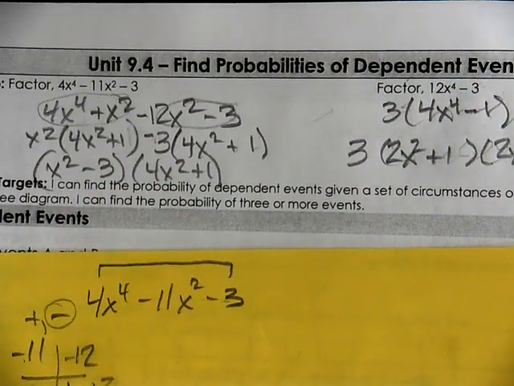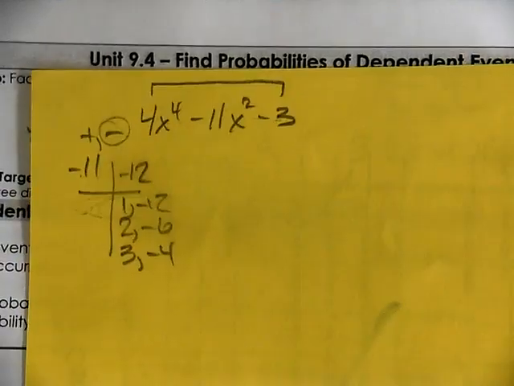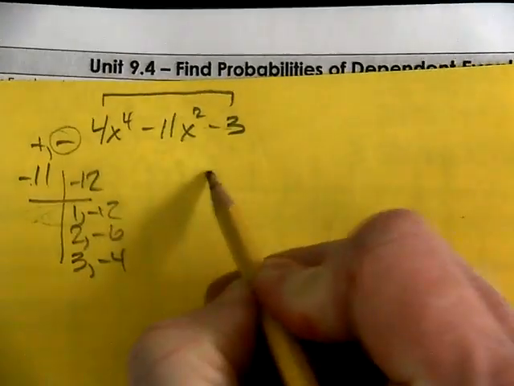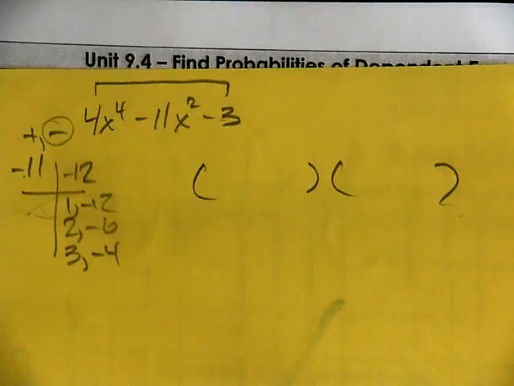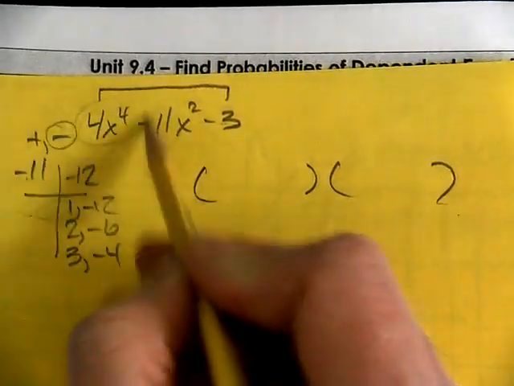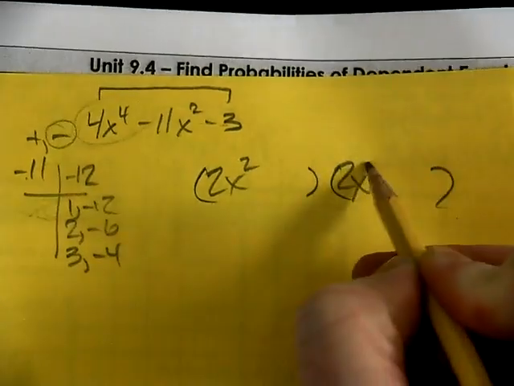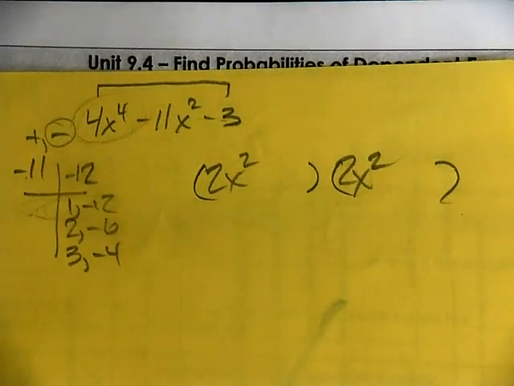There's also a method of guess and check. That's when you just throw your parentheses down. If I was just randomly guessing, I would probably start with 2x squared and 2x squared. That would be my first guess.